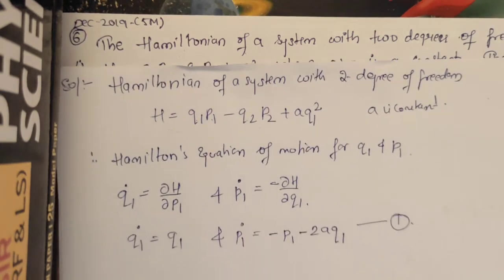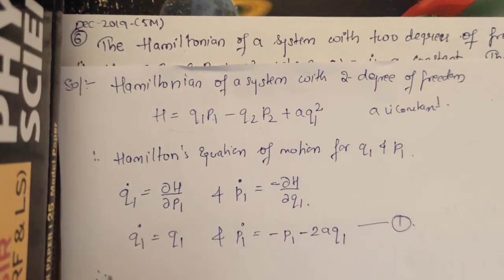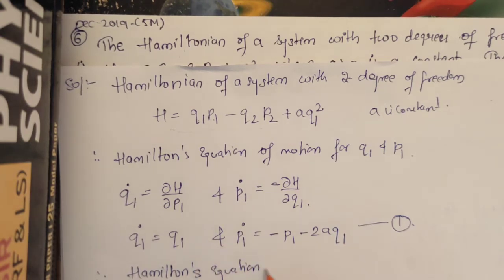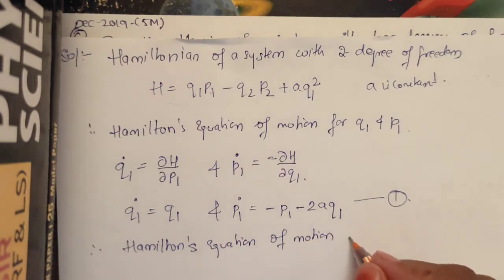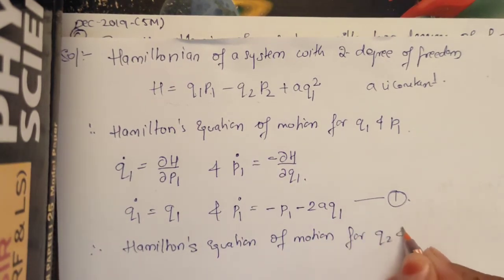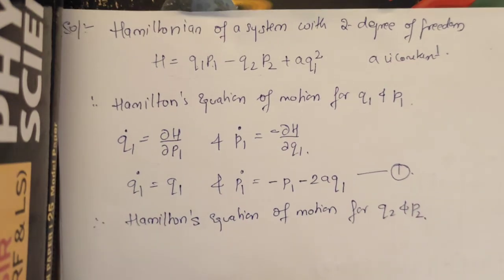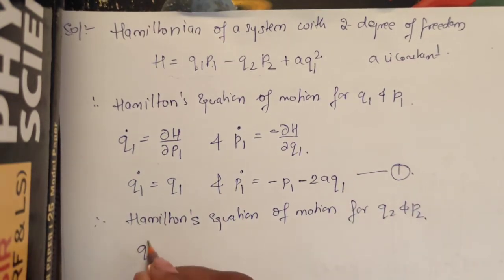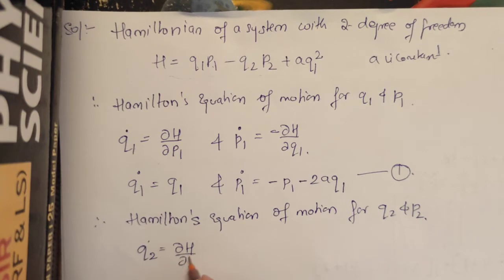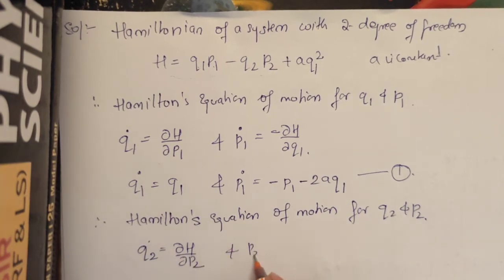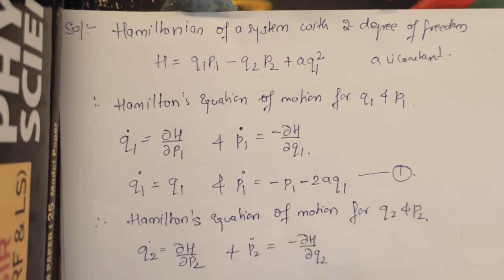Similarly, we can find the values for P2 and Q2. Hamiltonian equations of motion for Q2 and P2, that is Q2 dot is equal to dou H by dou P2 and P2 dot is equal to minus dou H by dou Q2.